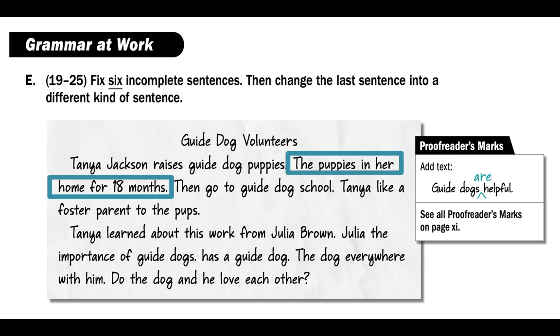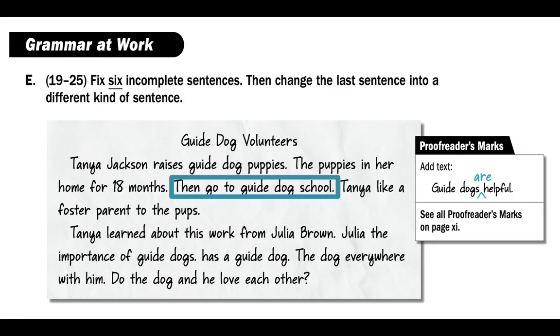I hope you put in a verb to tell us what the puppies do. I chose live. You could have said are in her home for 18 months, stay in her home for 18 months, live in her home for 18 months, something to indicate what the puppies are doing.